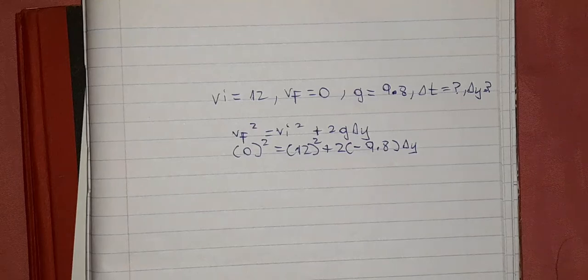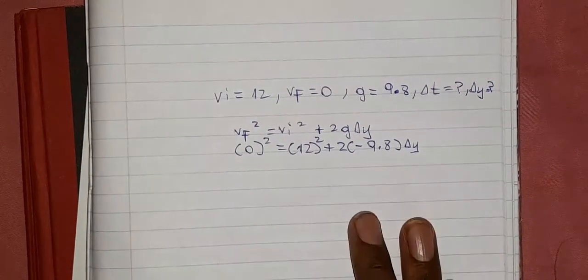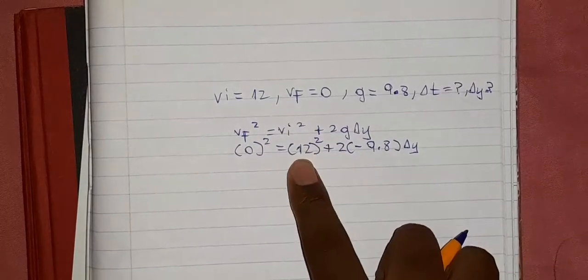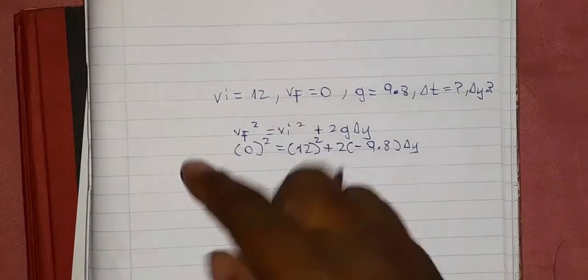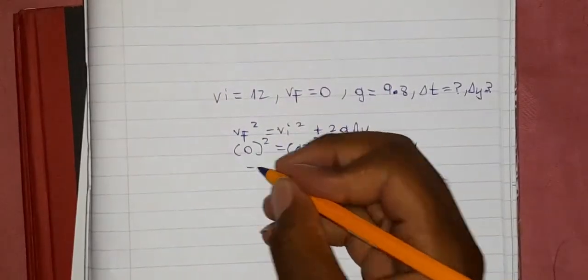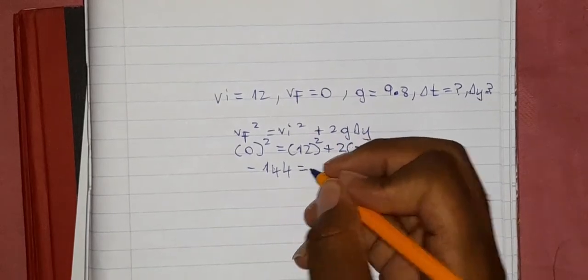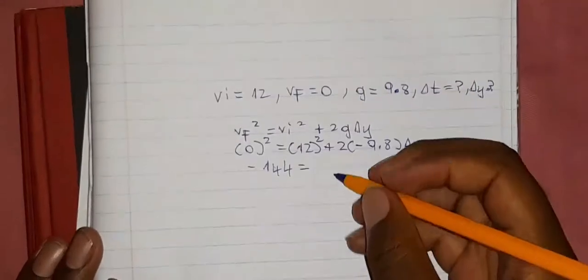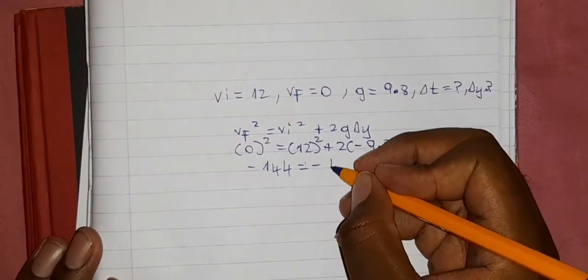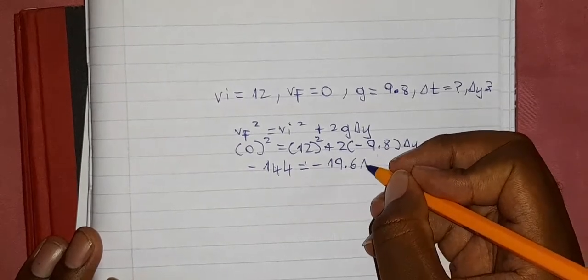How do we continue from here? We're going to take 12 squared to the other side. 12 squared is 144, positive 144. So positive 144 to the other side will become minus 144, which equals 2 times minus 9.8, which is minus 19.6, times change in y.